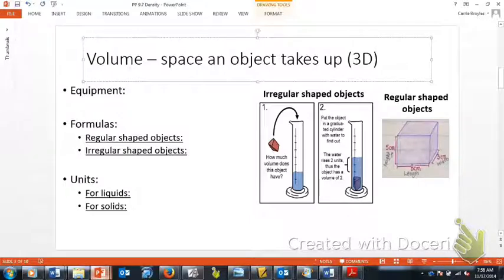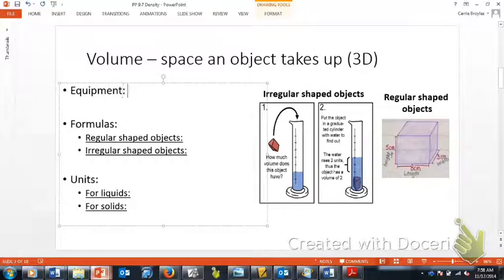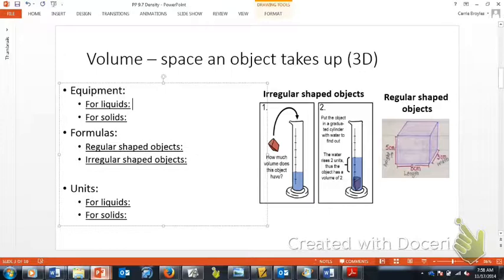So when we are measuring volume, the equipment that we are going to use is going to depend on what we are actually measuring. If we're measuring a liquid, what we'll have to use is a graduated cylinder, as you can see over here to the right, that we'll be talking a little bit more about in a minute.